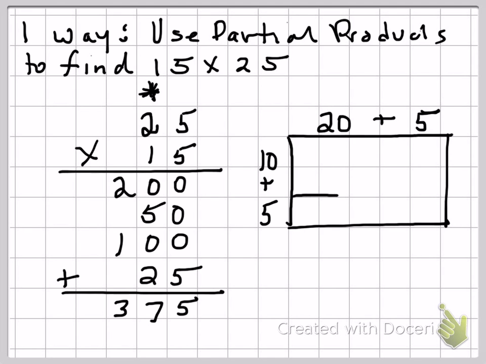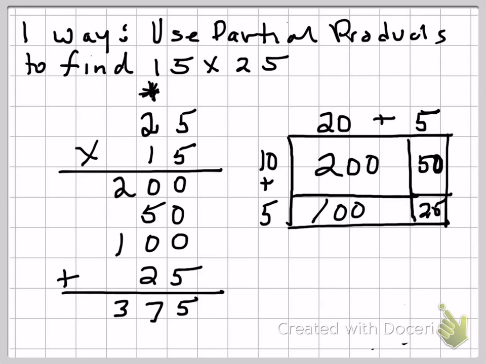If we're going to draw this out, 10 times 20 would equal what, boys and girls? You're right. 10 times 20 would be 200. Now, what would 10 times 5 be? You're right, 50. So I'll place 50 right here in this small box. What would be 5 times 20? 5 times 20 would be 100. So I'll place 100 right here in this box, in the lower left-hand area of my area model, and then 5 times 5 is 25.